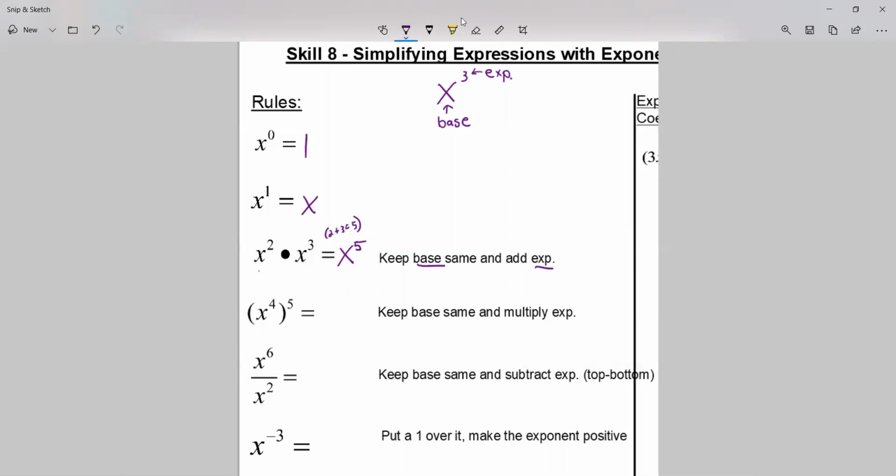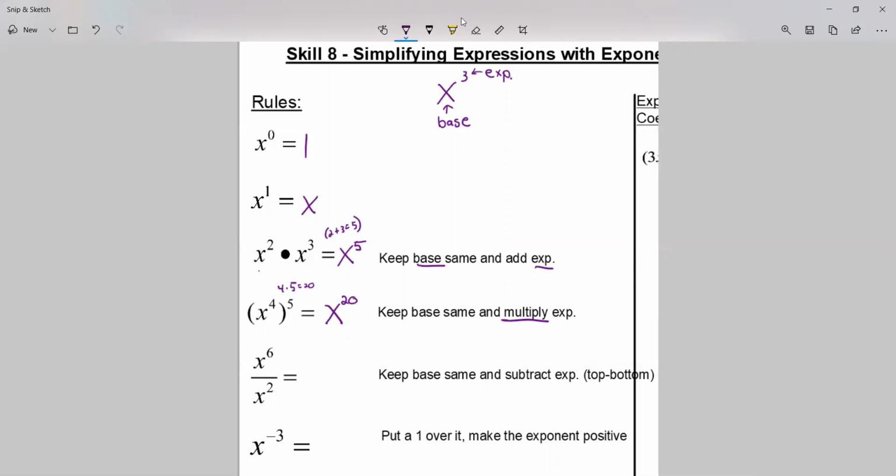If it's a power raised to another power, you see how you only have one base here. Again, keep the base the same, but now you're multiplying the exponents. So all you have to do is write down 4 times 5, and I'm happy. 4 times 5 equals 20, so that's x to the 20th.